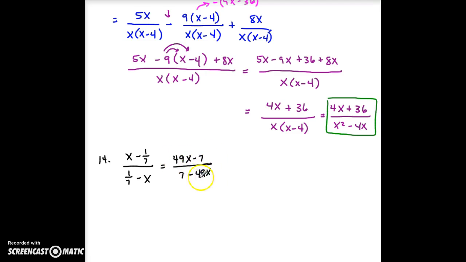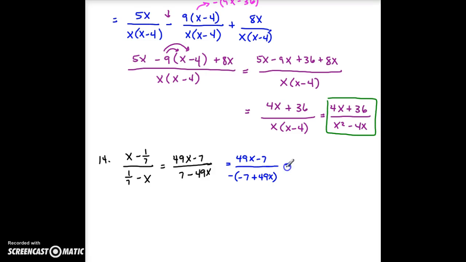Because of the fact that they're swapped, you could pull out a negative from one of them. So effectively, when you have this 49x minus 7, let's say we were to put a negative here. If I wanted to pull out a negative from both of these terms, I would have a negative 7 plus a 49x. Or another way to explain it is that the denominator is the opposite of the numerator, or vice versa.